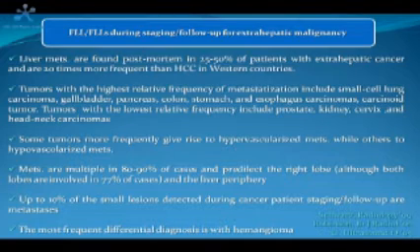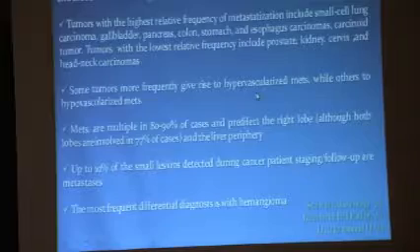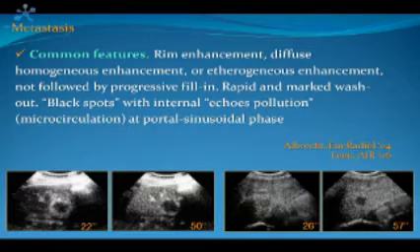Most mets are multiple and located in the right liver lobe and at the periphery of the liver parenchyma, and up to 10% of the small lesions below 10 millimeters found in the cancer patient are metastases. This means that 90% are not. The most frequent differential diagnosis in clinical practice is hemangioma, but also pseudo-lesion in the fatty liver background, since a number of these patients are undergoing or have a history of chemotherapy.